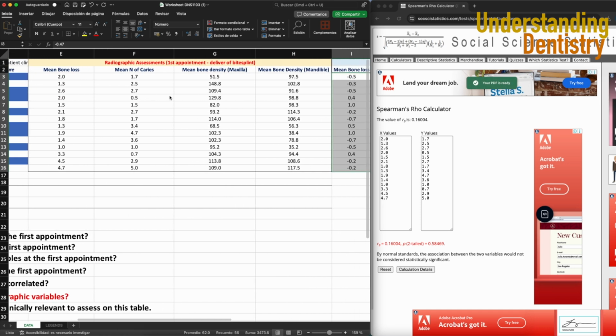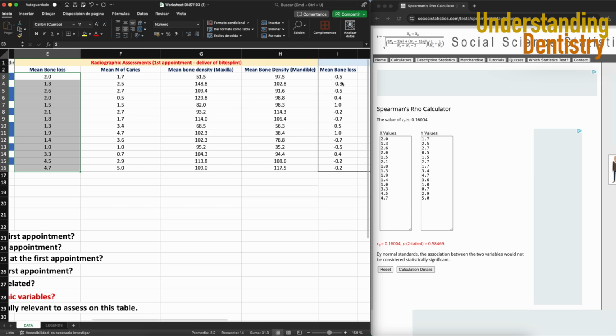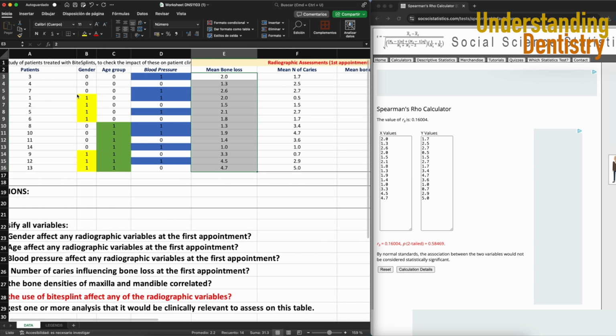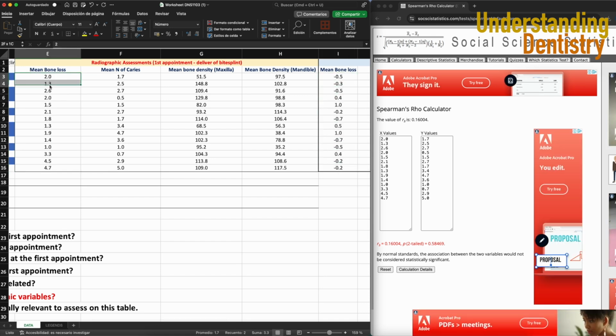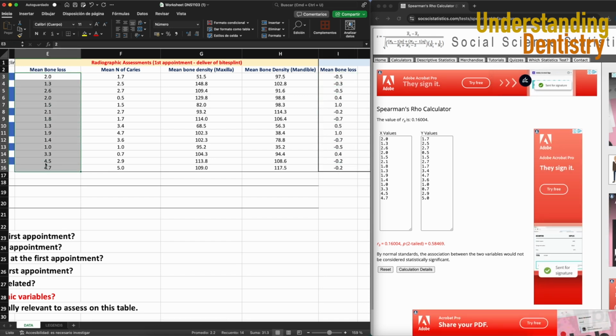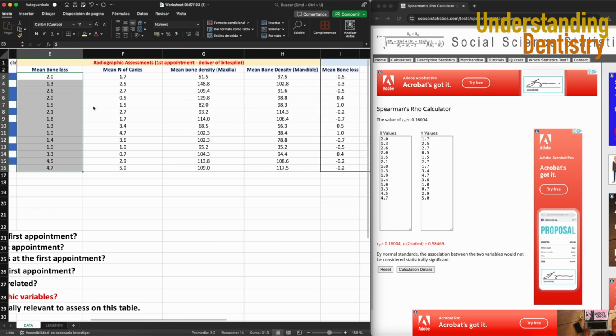So now what do I need to do? I need to do a paired comparison, of course. So I calculate normality. We already know that bone loss, for example, is normal. And then if it's normal, you can calculate all the data together, of course, if you want. But if it's normal, then you need to use the paired t-test in this case, because it's 2 groups only.